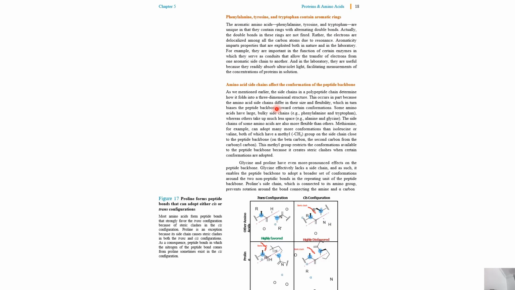The side chains of some amino acids are also more flexible than others, like methionine, for example, can adopt many more conformations than isoleucine or valine, because of which a methyl group on the side chain close to the peptide backbone on the beta carbon, the second carbon from the carbonyl carbon, restricts the conformations available to the peptide backbone because it creates steric clashes where certain conformations are adopted.